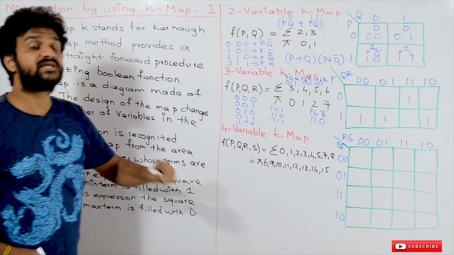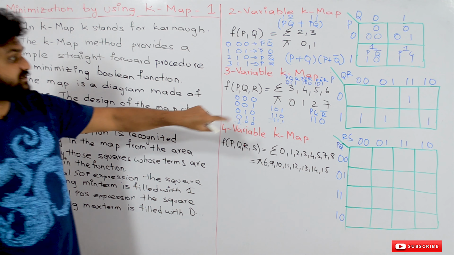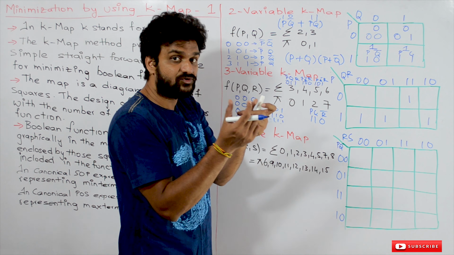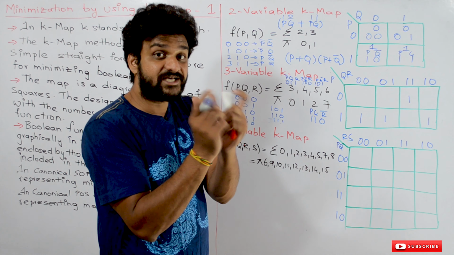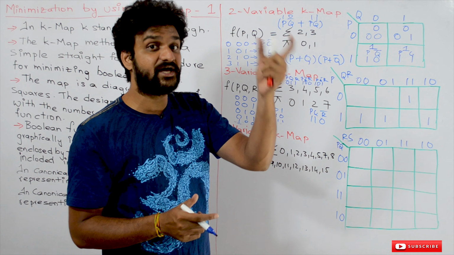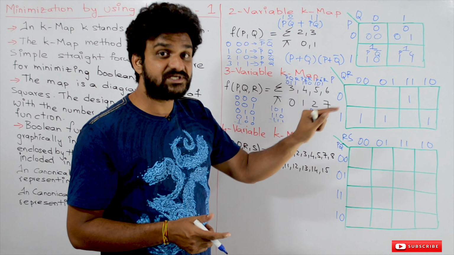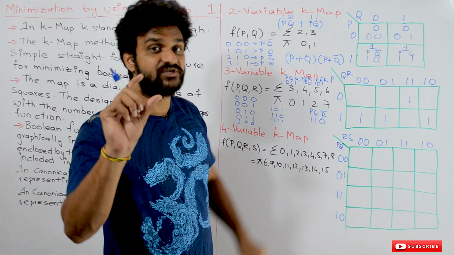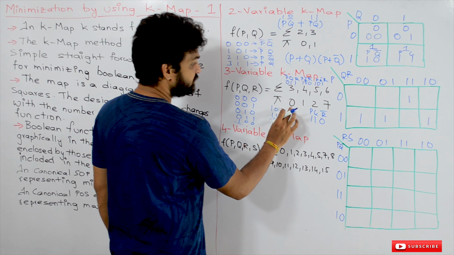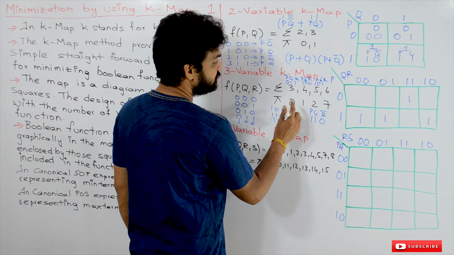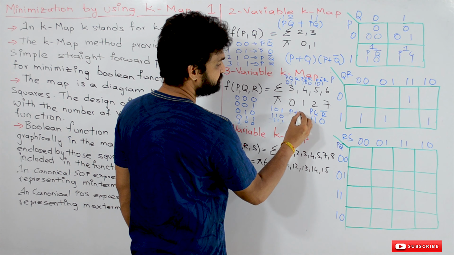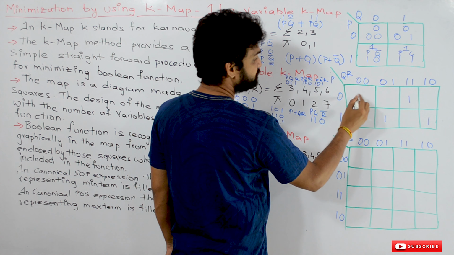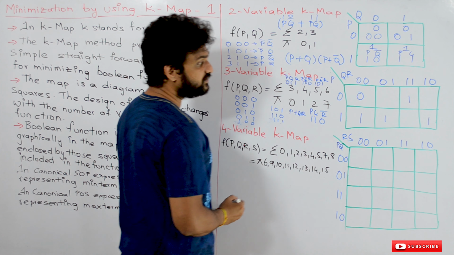Okay, if it is a product of sums expression, the product of sums expression is going to represent the values which are producing an output of 0, and each and every term in the product of sums is represented with a 0. See here, it is 0 0 0. 0 0 0 means it is P plus Q plus R. If it is a product of sums, it is going to produce an output of 0.